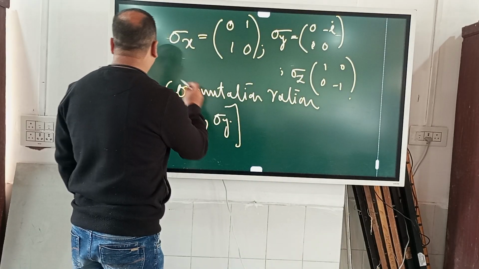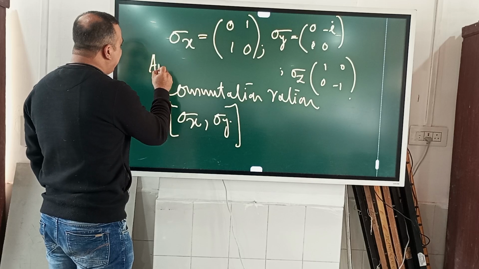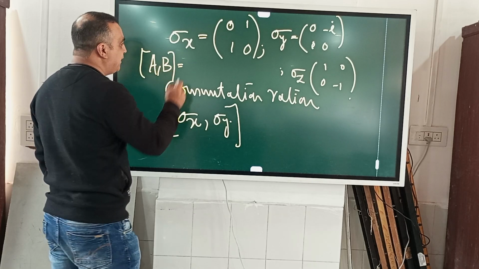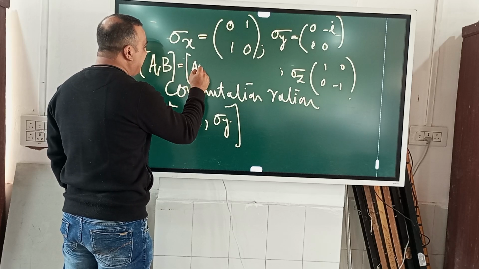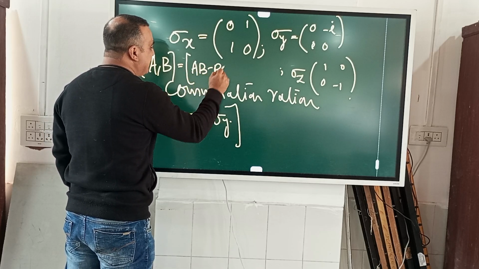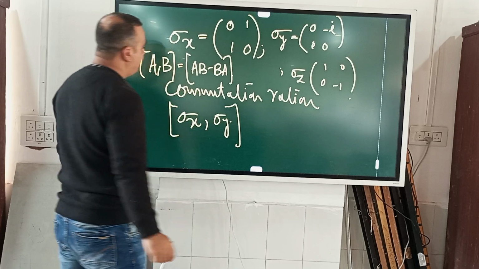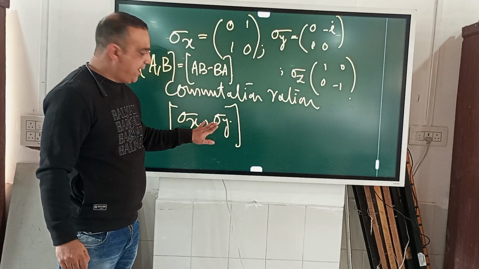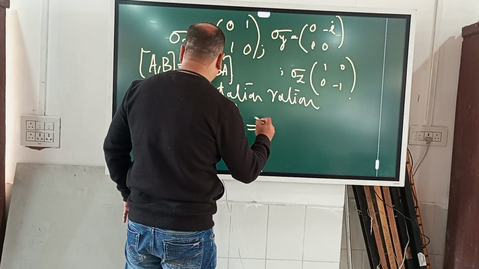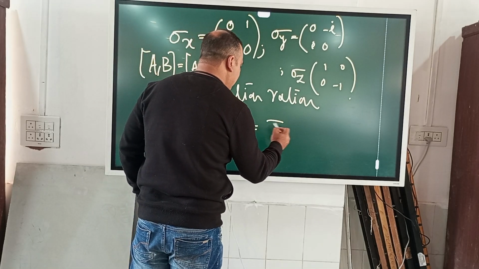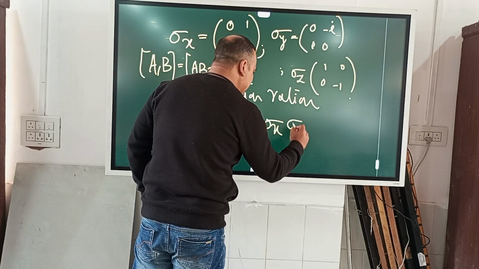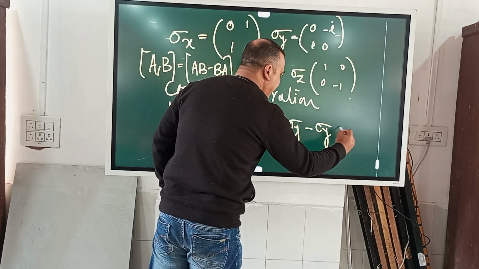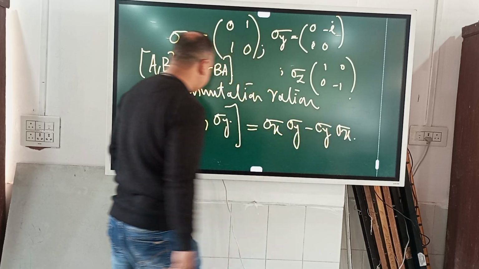As I had shown in the slide, if I have operators A and B and want to calculate the commutation relation, then the commutation is simply AB minus BA. So here we have sigma x and sigma y, and the commutation will be sigma x sigma y minus sigma y sigma x.